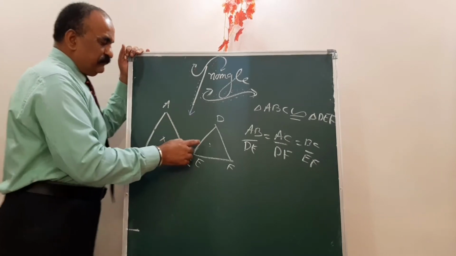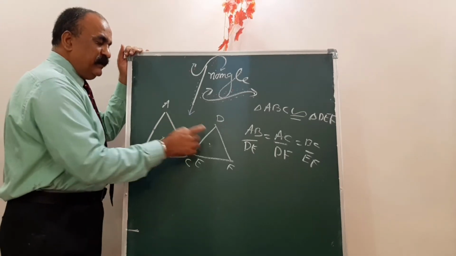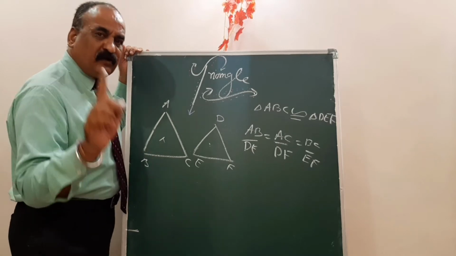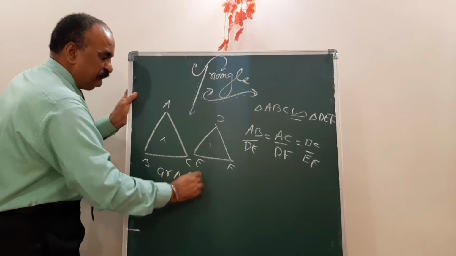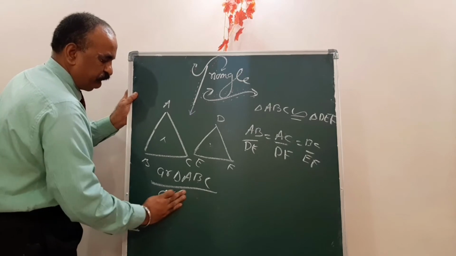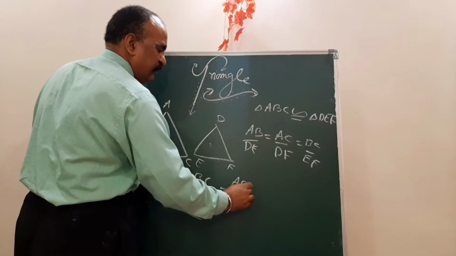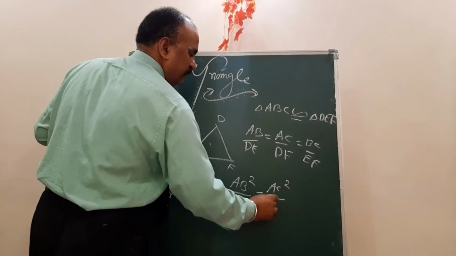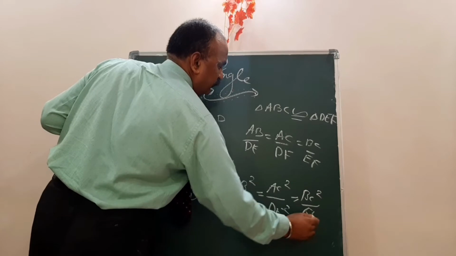Okay. Now you know that these two triangles are similar. It means the ratio of the areas of these two triangles is equal to the ratio of the squares of their corresponding sides. You write area of triangle ABC upon area of triangle DEF is equal to AB square upon DE square is equal to AC square upon DF square is equal to BC square upon EF square.